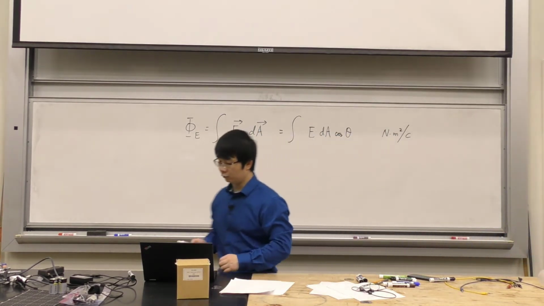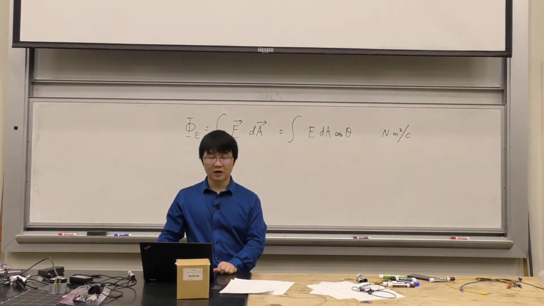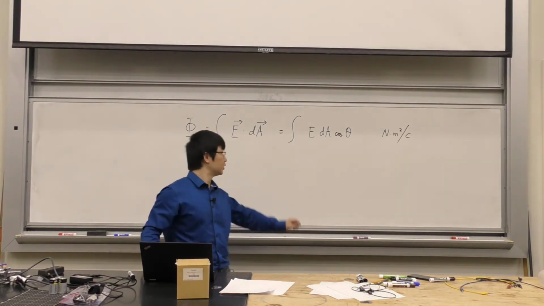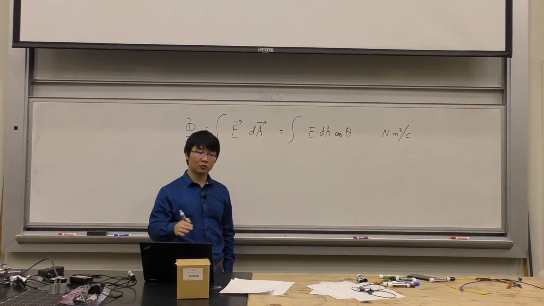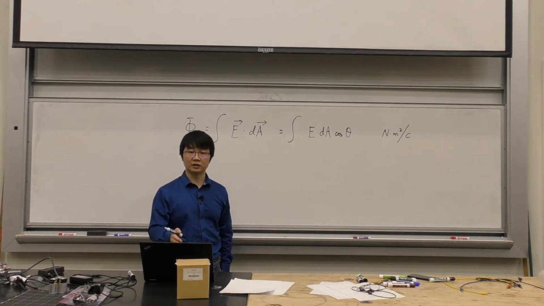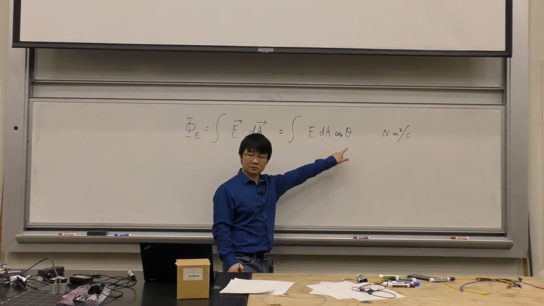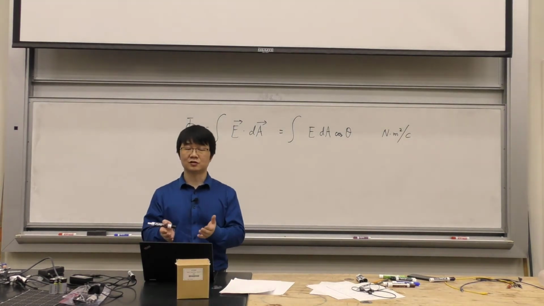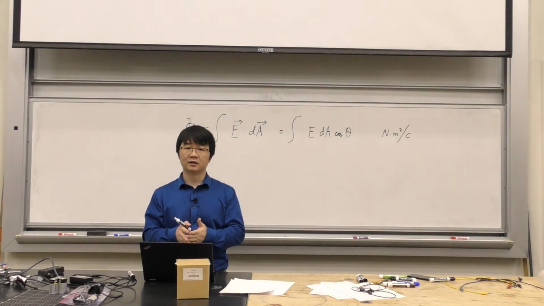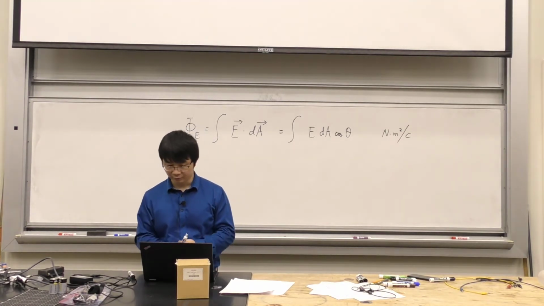We define the direction of the dA vector perpendicular to the surface, not tangent to the surface, because we want this direction and this angle to be unique. Think about a spherical surface: if you pick the tangent as the direction of dA, you can't find a unique direction or a unique angle.